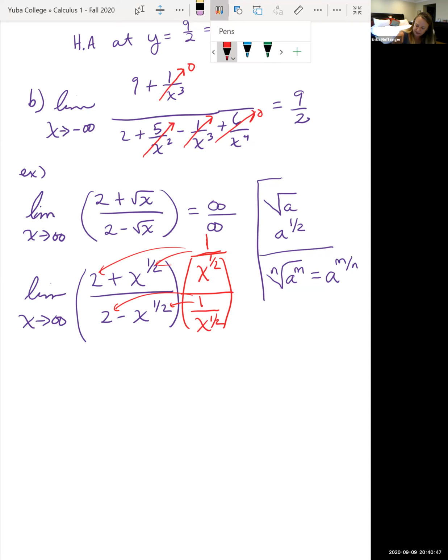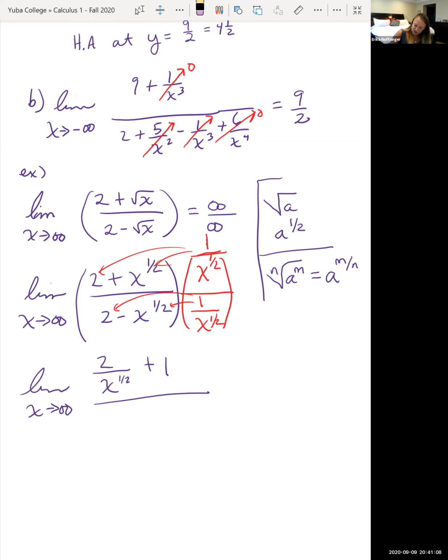So we get the limit of 2 all over x to the 1/2 because nothing cancels there, plus x to the 1/2 all divided by x to the 1/2, which is 1. And this is 2 all over x to the 1/2 in the denominator minus, well, the x to the 1/2 cancel, leaving you with just minus 1.